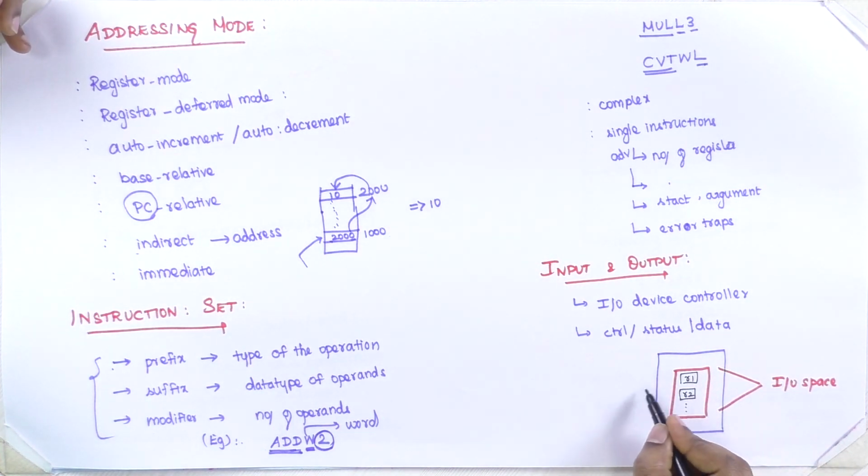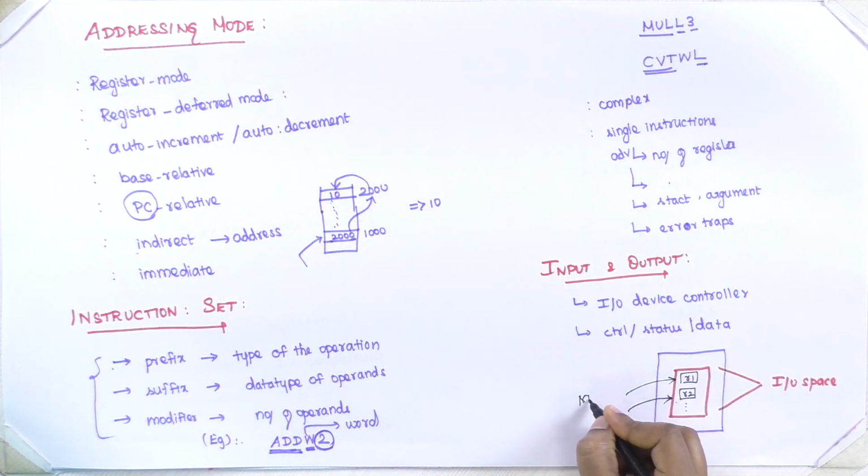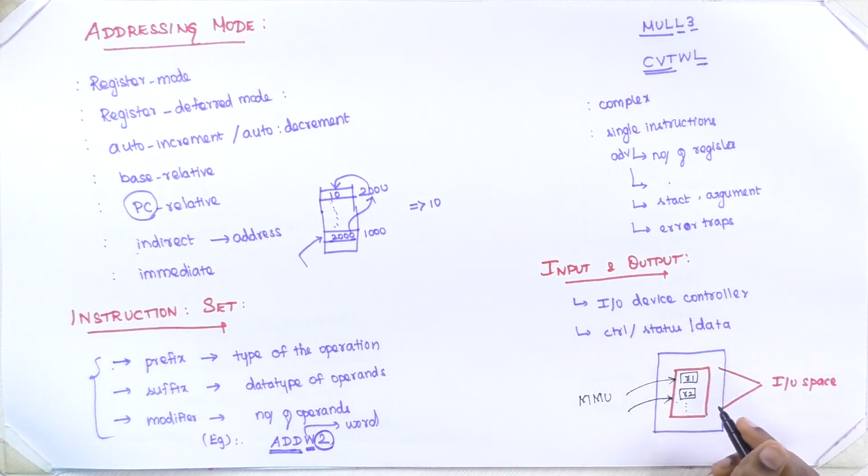To access the registers in I/O space, no special instructions are needed. I/O device drivers issue commands to the device controller by storing values into appropriate registers. Software routines read these registers to obtain status information. This is handled by the MMU, Memory Management Unit of our operating system.